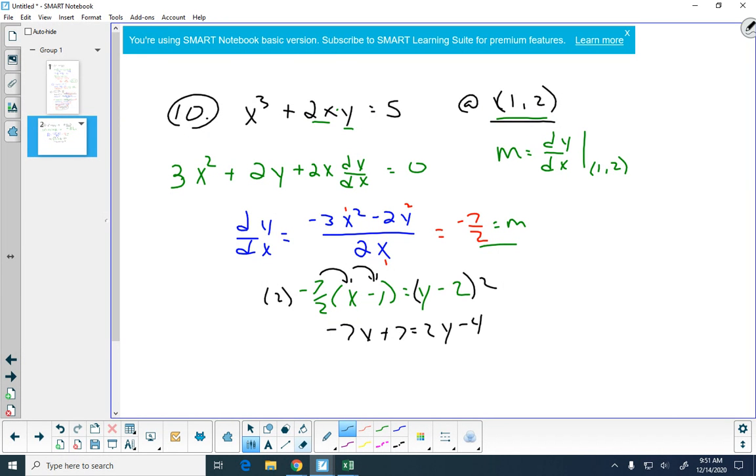So we have 7x plus 2y equal to a value of 11. Or y would equal negative 7/2 x plus 11/2. Once again, either one is acceptable in the solution.